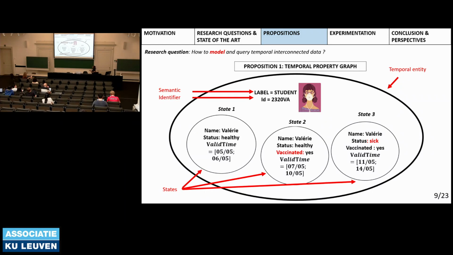So for instance, here we can see that between state 1 and state 2, the attribute vaccinated has been added, and between state 2 and state 3, the attribute status has been updated. Also, we propose the concept of valid time, which is assigned to each state. The valid time is a time interval assigned to each state to capture the occurrence of the changes and also their duration.